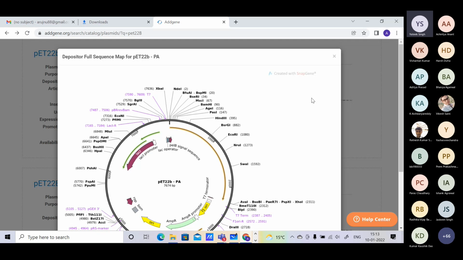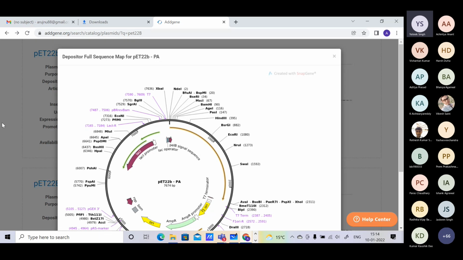Say we have a plasmid with a molecular weight of something like 5000 kilodalton. In 5000 kilodalton, 1 mole of that plasmid contains 10 to the power 23 plasmid molecules. So 1 nanogram of plasmid corresponds to a certain number of plasmids. Say there are 10 to the power 5 or 10 to the power 8 plasmid molecules in 1 nanogram of the plasmid you have added to the culture.